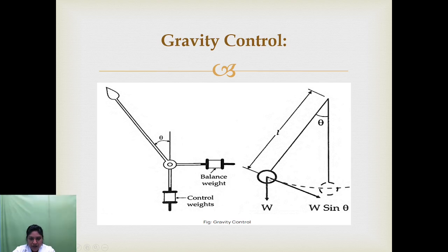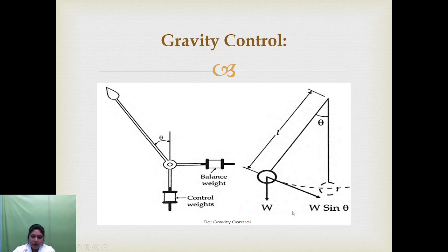If you consider the horizontal component, it will be W cos theta, and the vertical component will be W sin theta. So now the pointer will try to control and come back to the vertical component W sin theta. What will be the force? That force is called the gravitational force, W into sin theta. What is the torque?